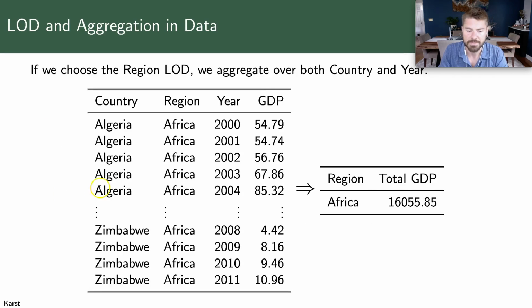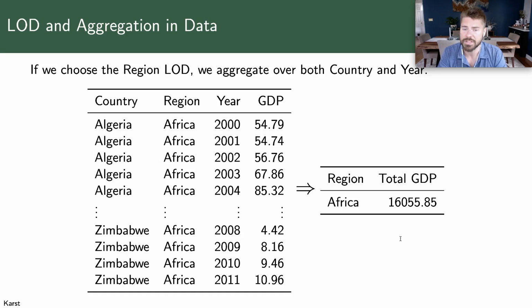I don't think that this number makes sense. You know what I mean? The total GDP. What does this represent? It represents the total economic output of the African region in the data set, over all countries and all years. So it's like the total African GDP output across an 11-year period. That's not necessarily a meaningful quantity.